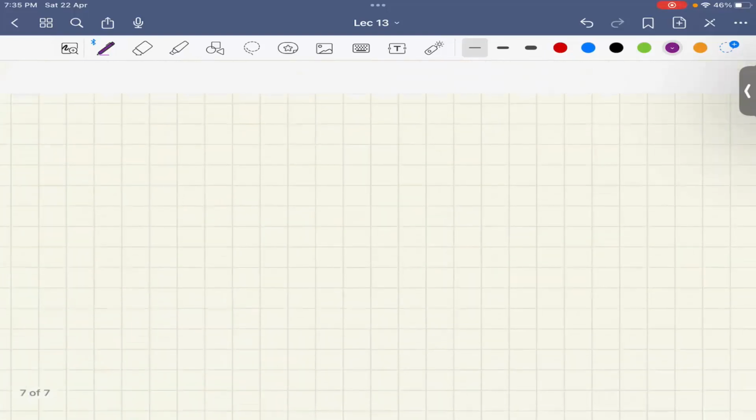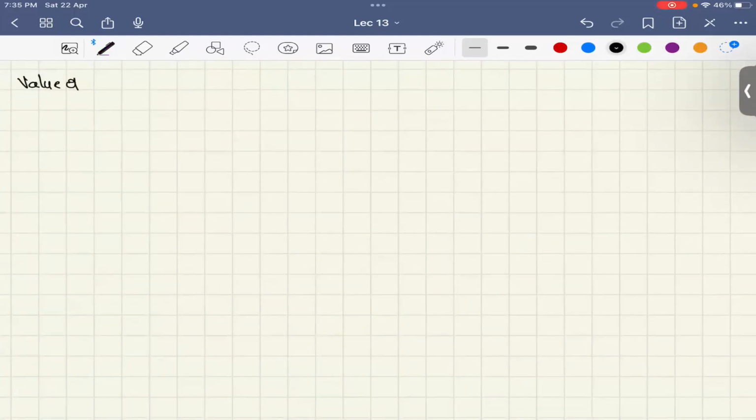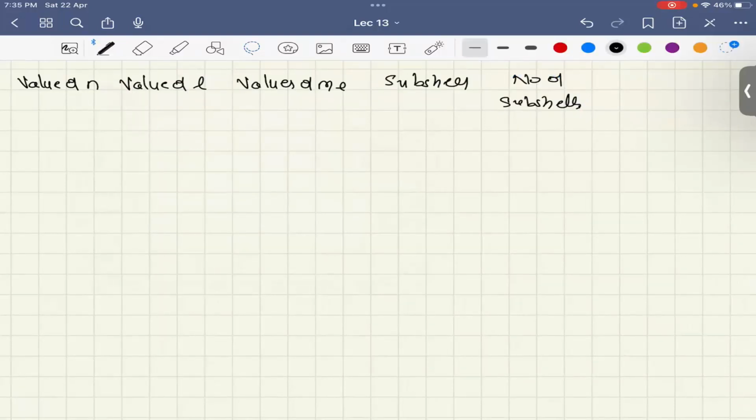So in this table, what we will have is value of n, then value of l, then values of ml, then subshell, right? Number of subshells. Last step would be number of orbitals.